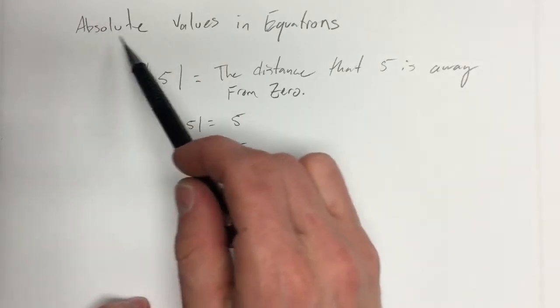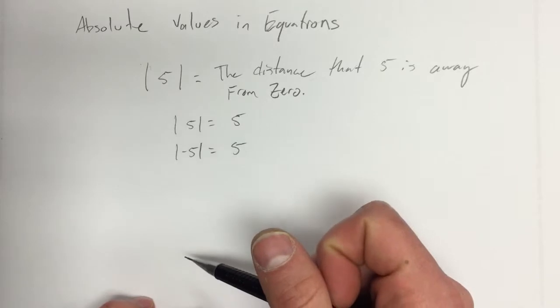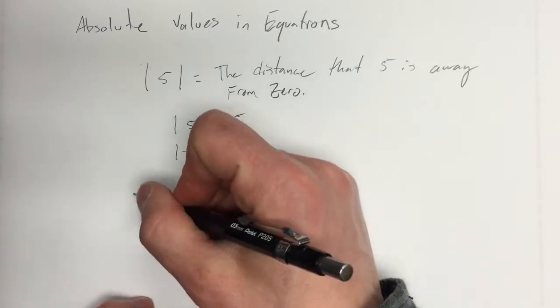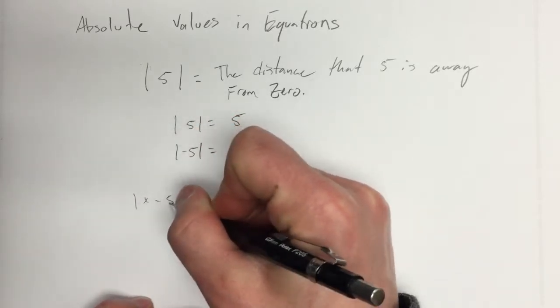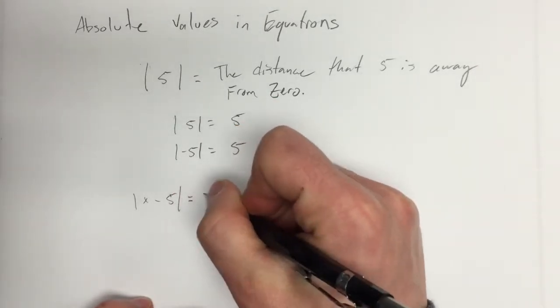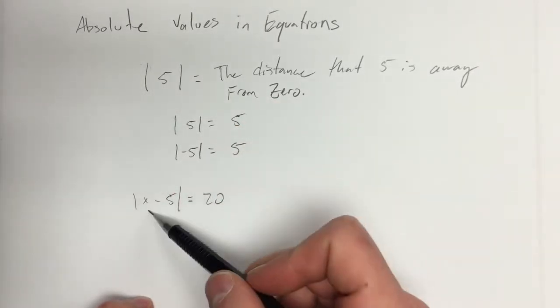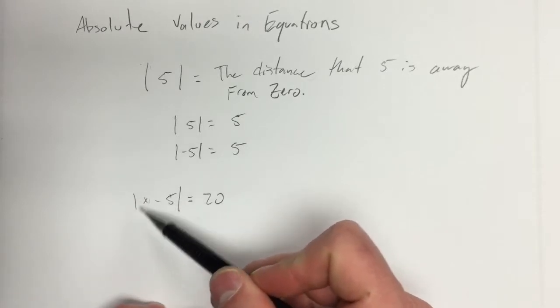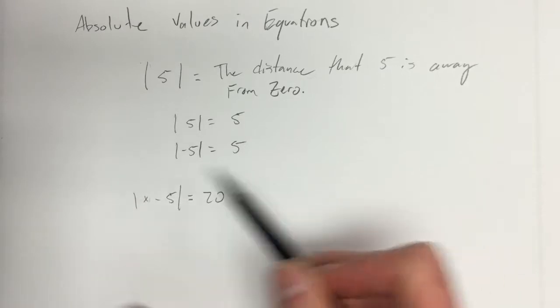Okay, so let's look at an absolute value inside of an equation. So we're going to write this equation: the absolute value of x minus 5 equals 20. So what values for x make this equation true?